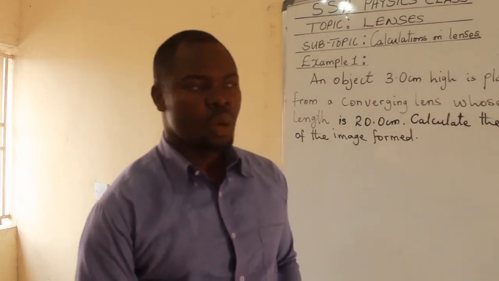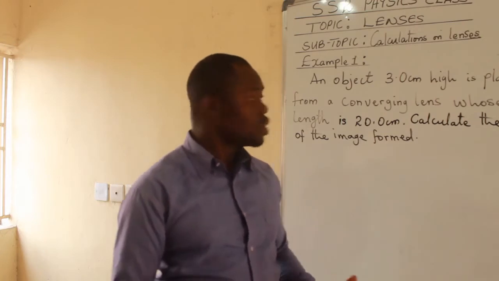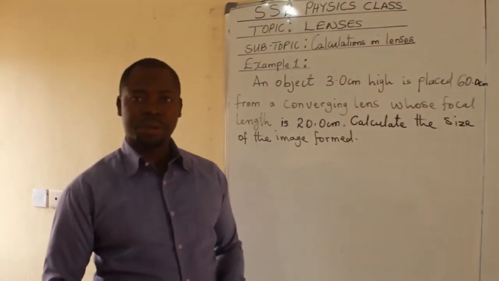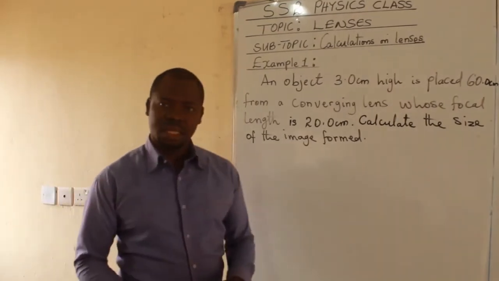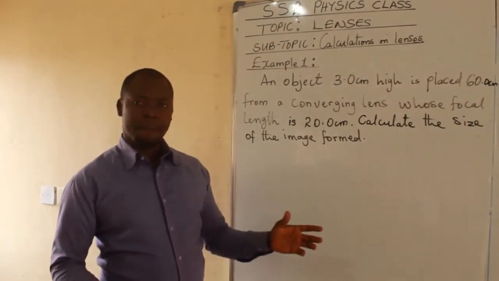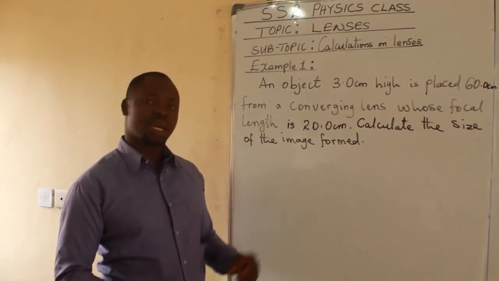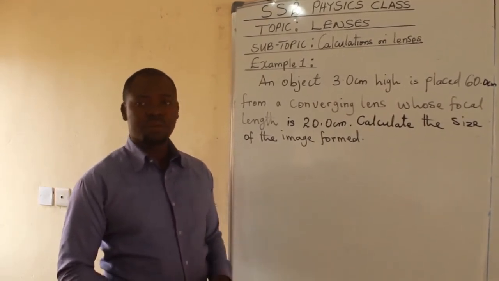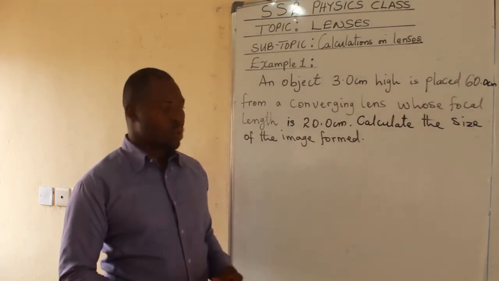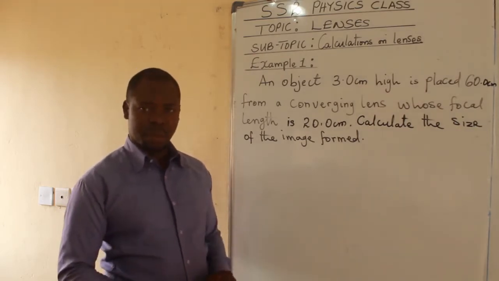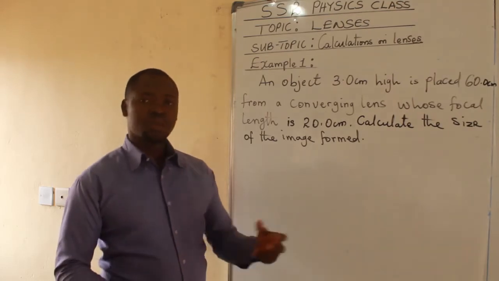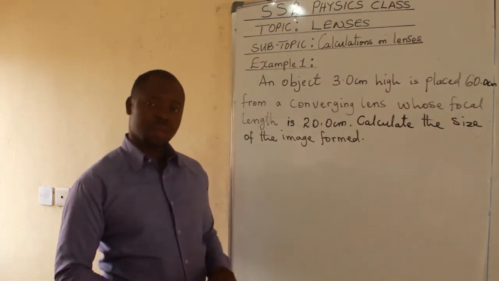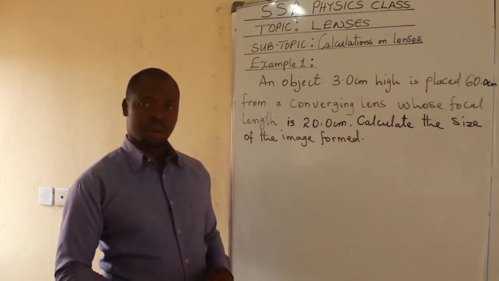Having said that, we will look at some calculations. We solve some problems. We have said that the formulae that we need to use to make calculations in lenses are the same as those of mirrors. We have dealt with mirrors in the past, but today those formulae are still valid, and we're going to use them to solve this problem.